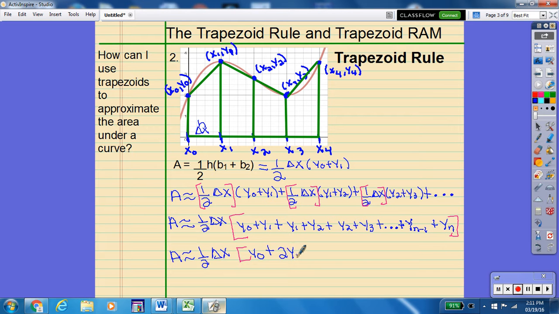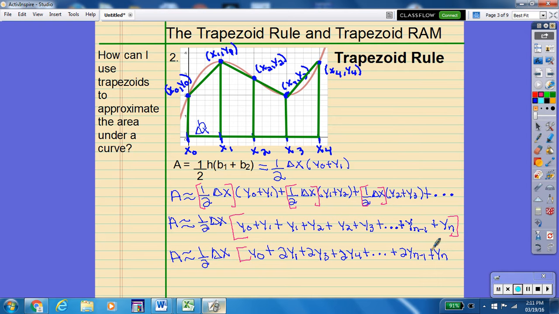So we can just write that as 2y sub 1 plus 2y sub 3 plus 2y sub 4, and so on and so forth, plus 2y sub n minus 1, meaning the y value of the trapezoid that's right before the last one. But the last one only gets used once.